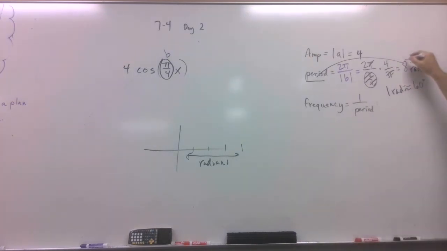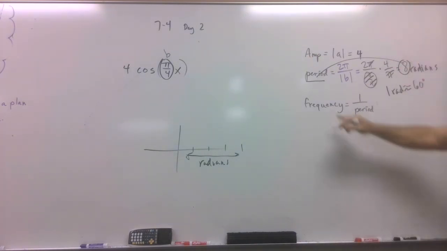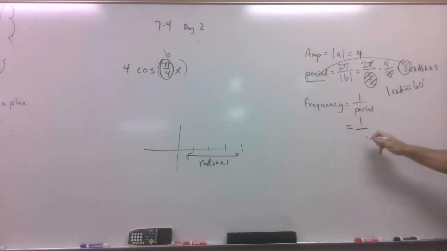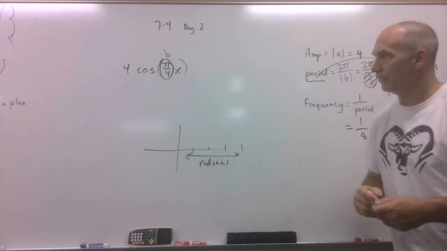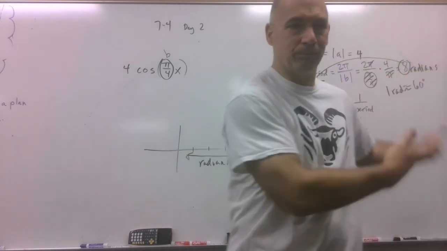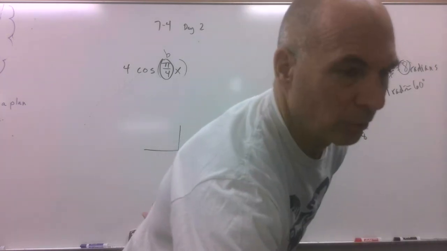So we're going to stick with this. 8. Frequency is just 1 over period. So that'd be 1 over 8. 8 radians. So it's really 1 over every 480 degrees. So that'd be stretched quite a bit. But that's it. Boom. Go get that homework.